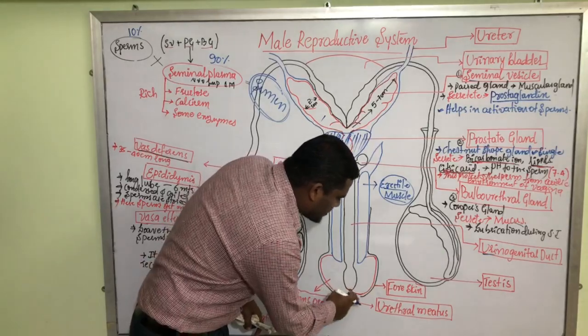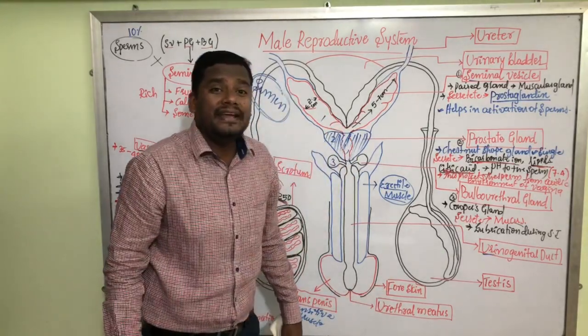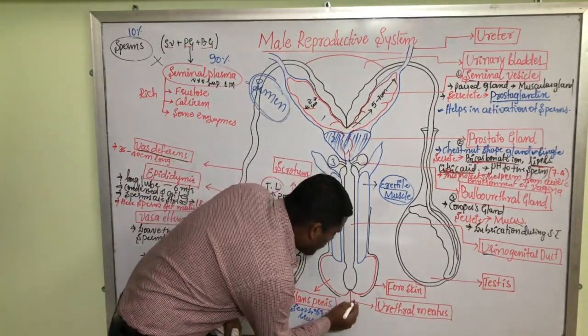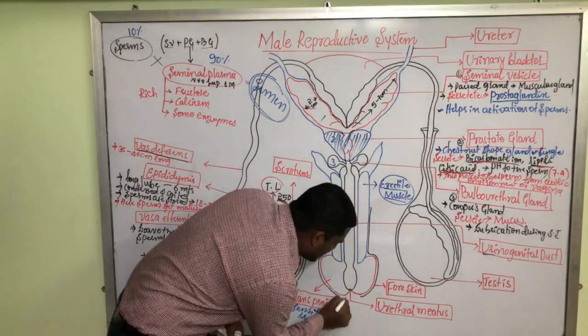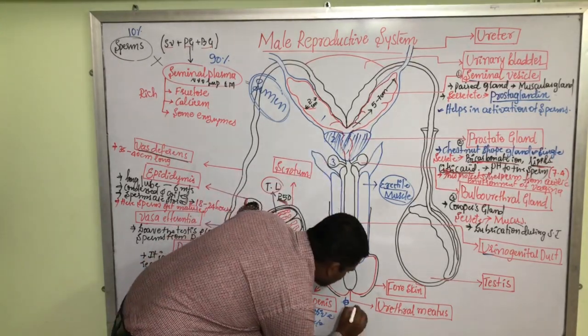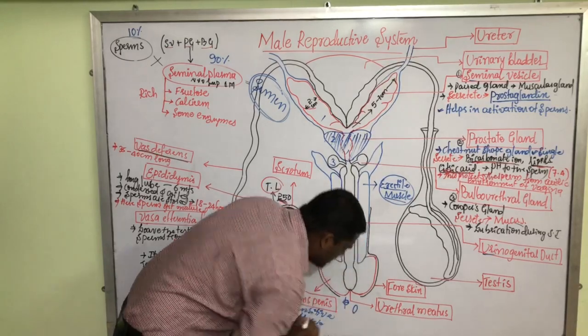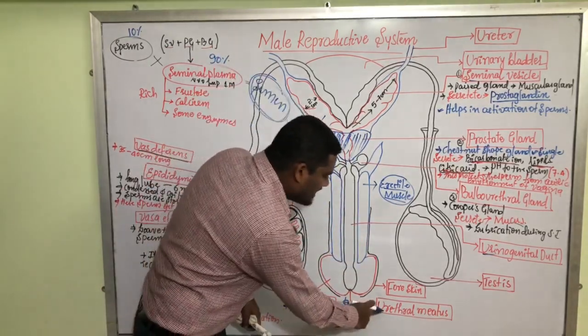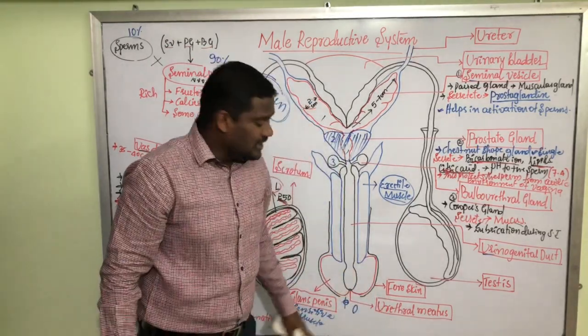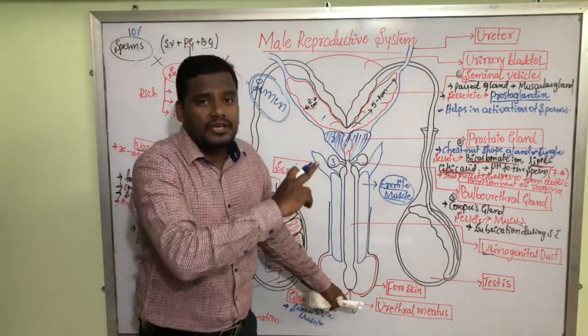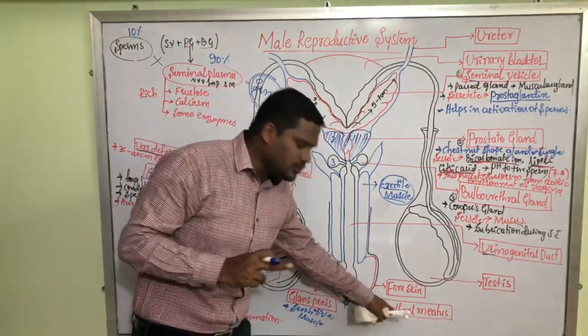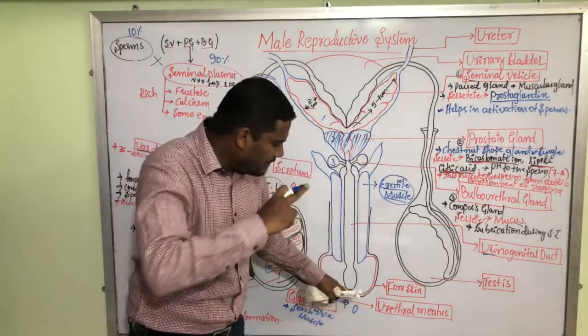This opening is called urethral meatus. This opening is not exactly round, my dear friends. It has a slit like opening. From this urethral meatus the urine can be passed out, and the sperm can be passed out.